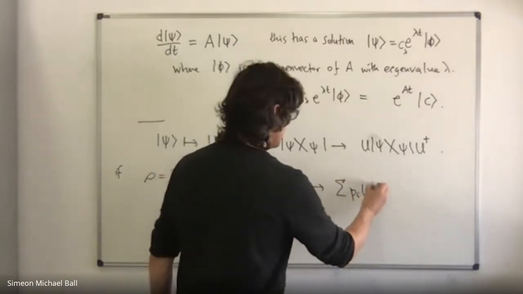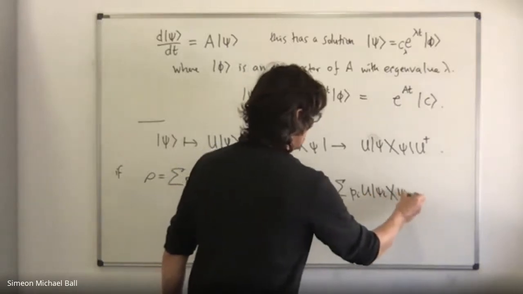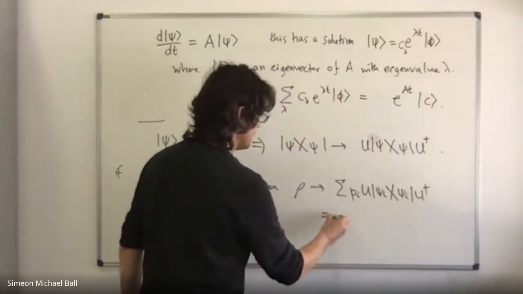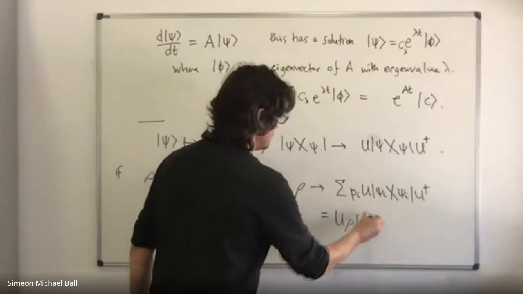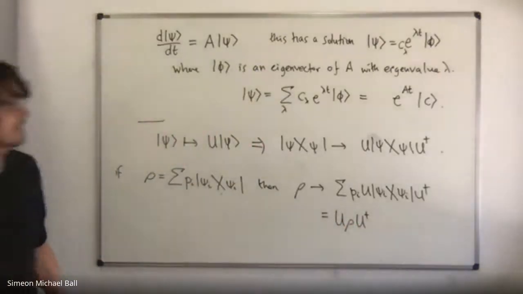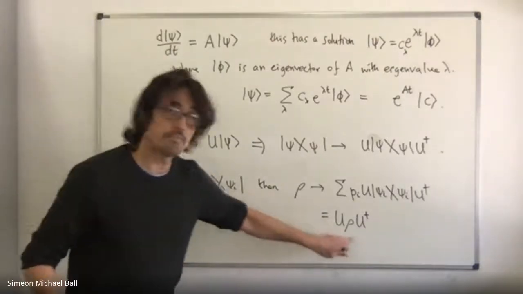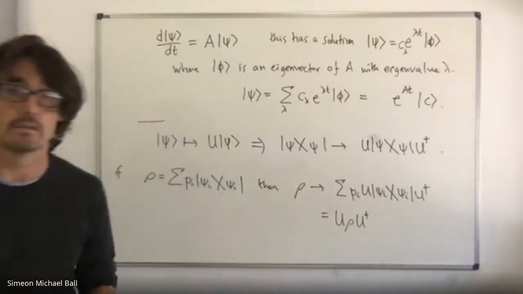All of these get transformed by the u, which we can pull outside. So it's exactly the same: the evolution of the density operator is pre-multiplied by u and post-multiplied by the Hermitian conjugate.